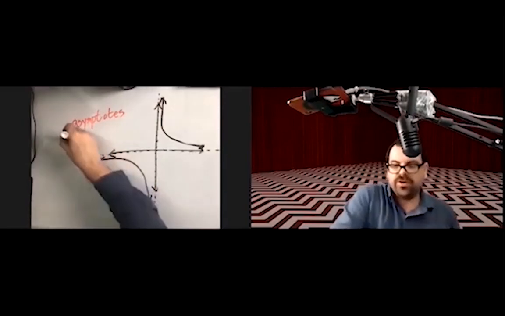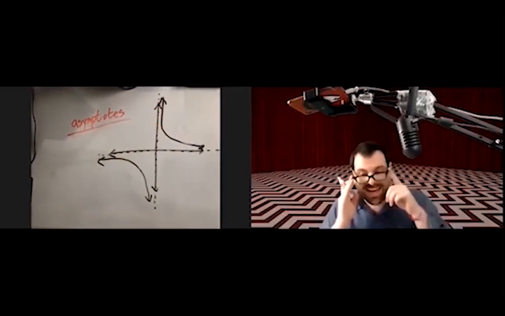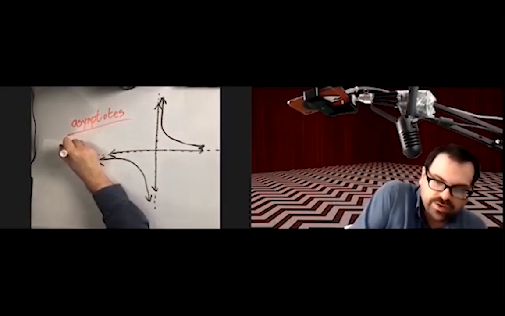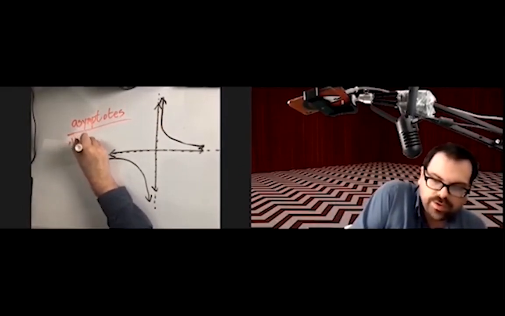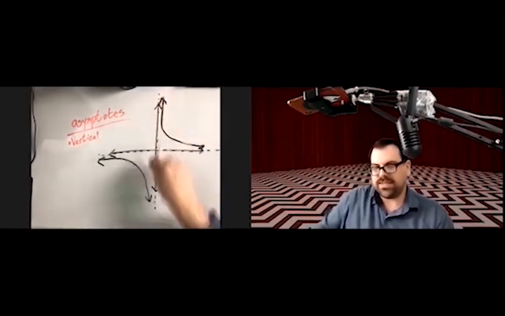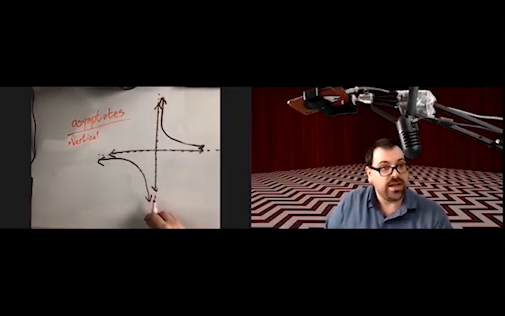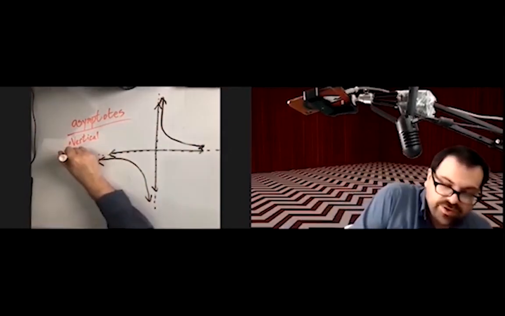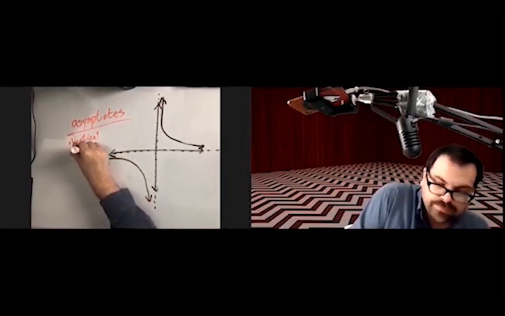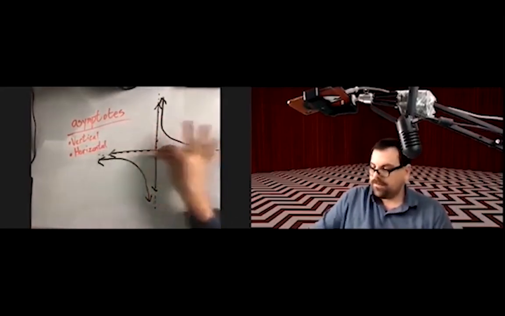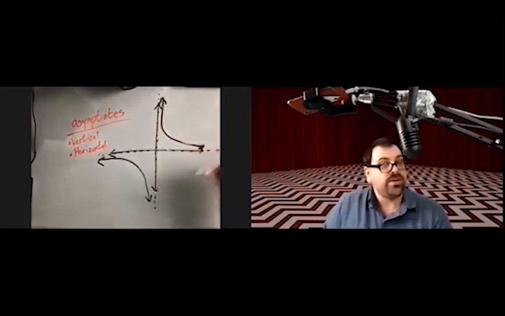And we have 3 different kinds of asymptotes. We have vertical asymptotes. That's the vertical dotted line. We have horizontal asymptotes. That's the horizontal dotted line.